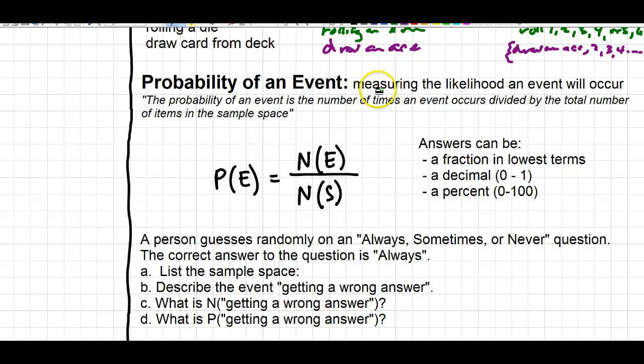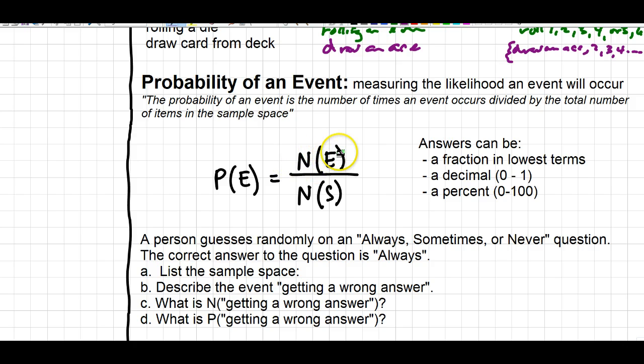Probability of an event is again measuring the likelihood or the chances that an event will occur. And then in quotes here I have listed the wording that you would use to describe the symbols that are here in the formula. So the probability, that's the P, of an event, that's the E, is the number of times. Number of times represents the letter N here. So you're just going to replace this with a number.